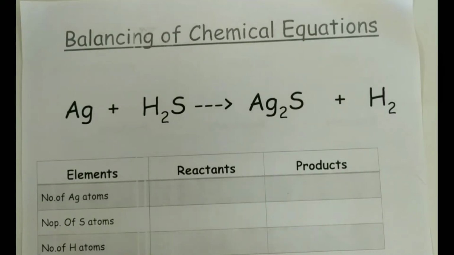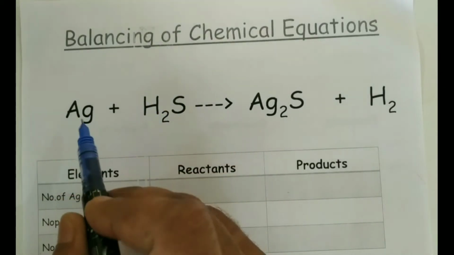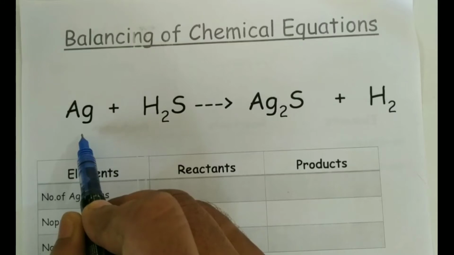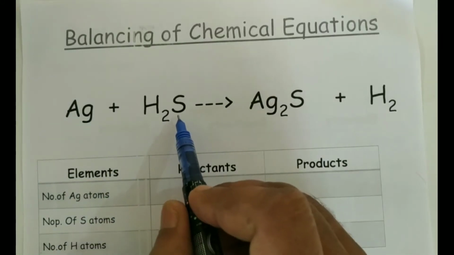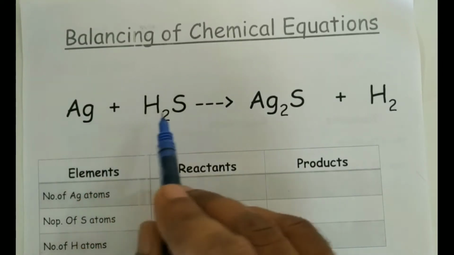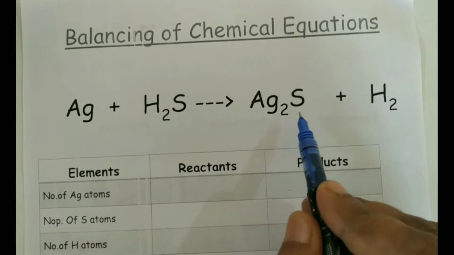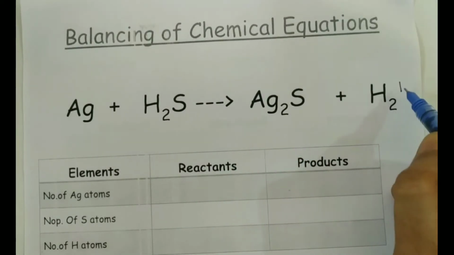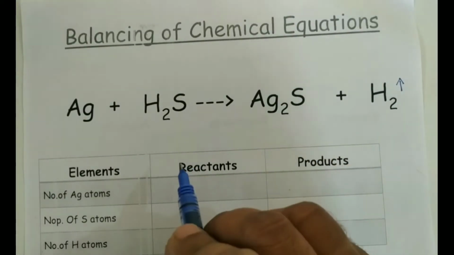Here I have taken an example: silver combines with hydrogen sulfide, so when there is a reaction between silver and hydrogen sulfide, it forms silver sulfide plus hydrogen gas. Silver sulfide and hydrogen gas are produced.